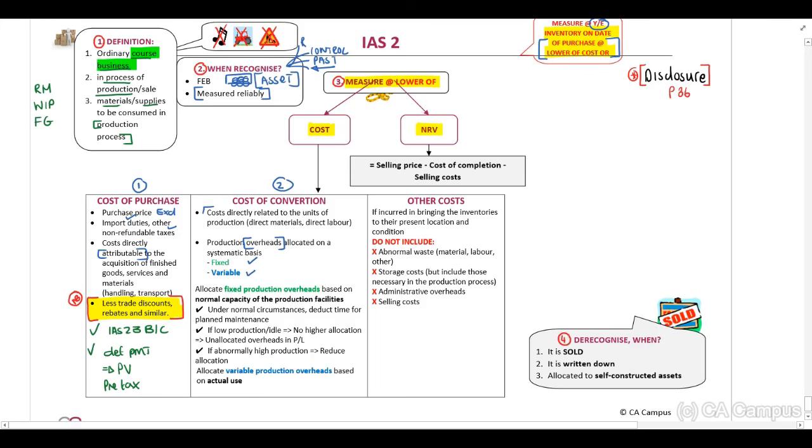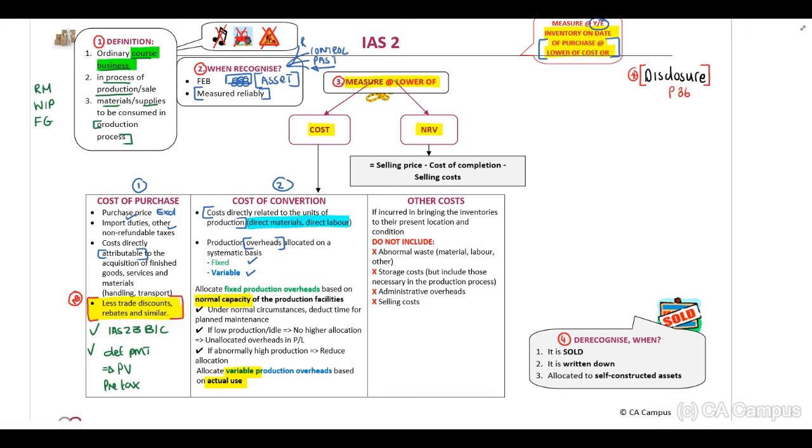This will be costs directly related to the units of production, therefore direct material and direct labor. And guys, our fixed overheads should be based on our normal capacity of production, and our variable production should be based on our actual usage.